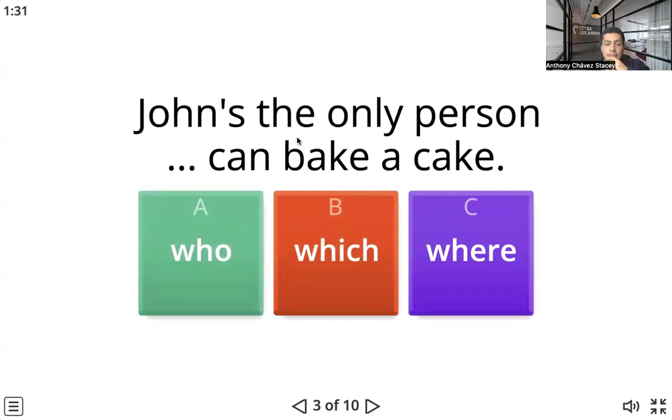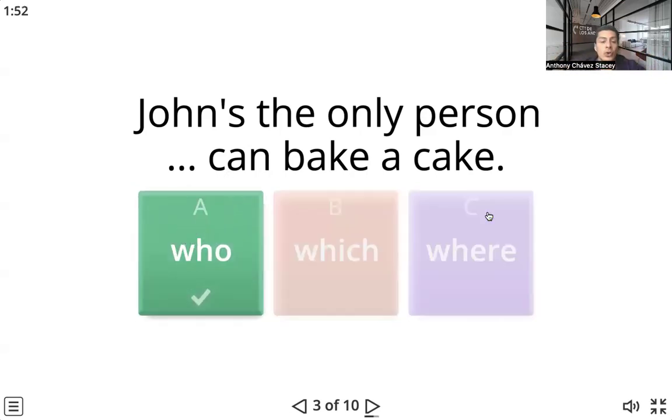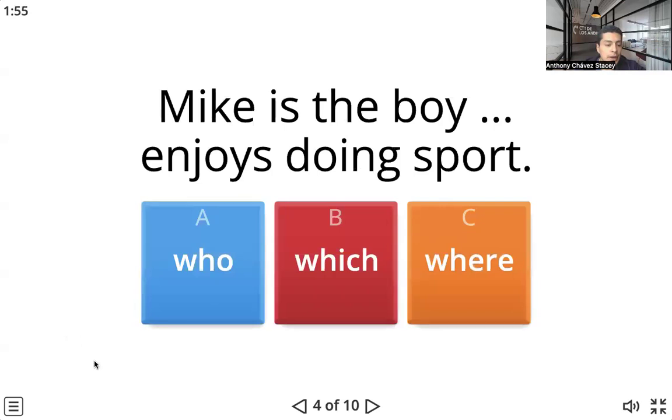They live there. Try to read all the sentence. John's the only person who can bake a cake. Letter A. Yes, correct. It is a person, so I need to use who. Excellent job. Let's keep going with Joanna. Mike is the boy who enjoys doing sport.